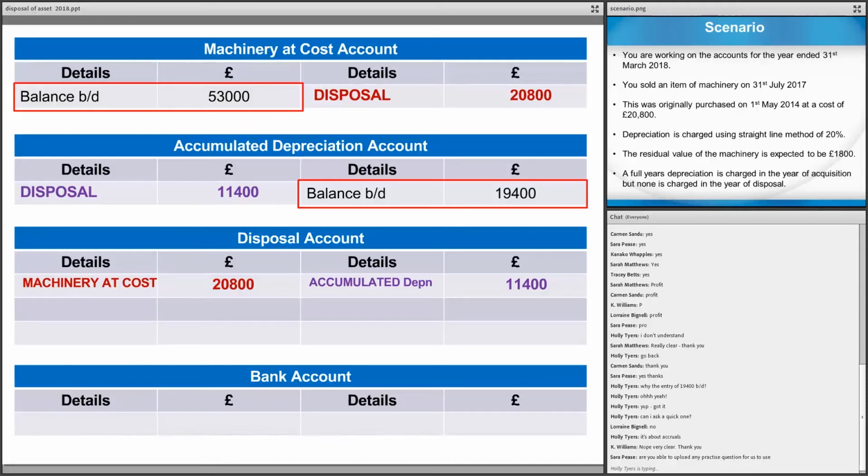I can have a look to see if I've got any more, Sarah. What I'll do is when James emails this out to you tomorrow, I'll see if I can come up with a few questions and a couple of model answers for you to have a go at. Yeah, Holly, you can ask me about accruals if you want. Yep, I'll do it for you all, Lorraine, no problem. Absolutely, you can put it to use.